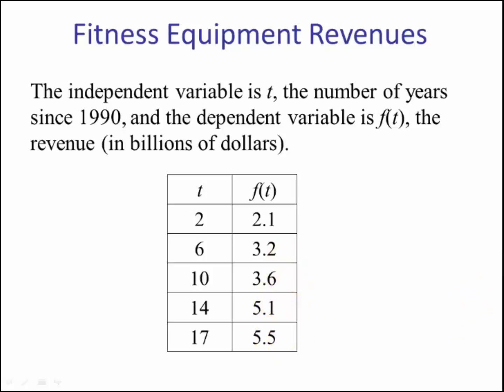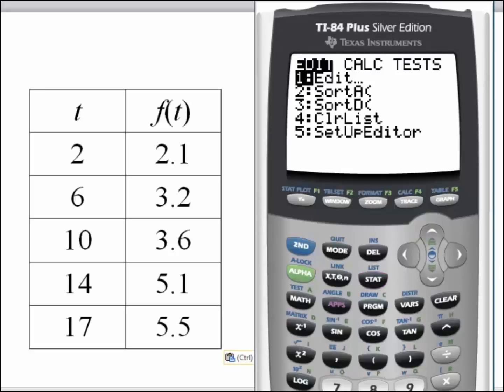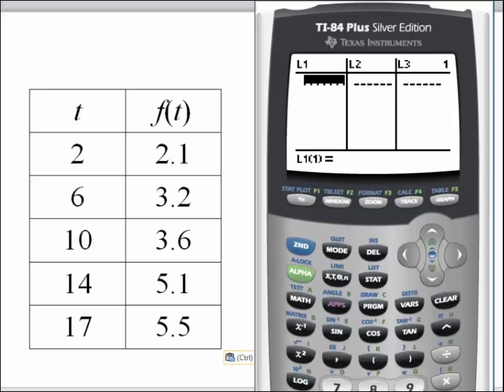We need to put this into a graphing calculator where T will be list 1 and F of T will be list 2. So we have to put the data into the calculator. We go to Stat, Enter.